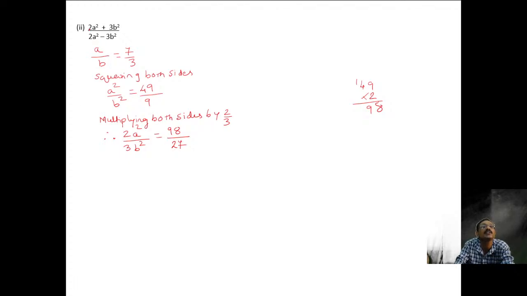What we have to find is 2a square plus 3b square upon 2a square minus 3b square. What can we use to get that? Can we use componendo? Can we use dividendo? Can we use alternando? Or can we use both componendo and dividendo? Okay, let us see.